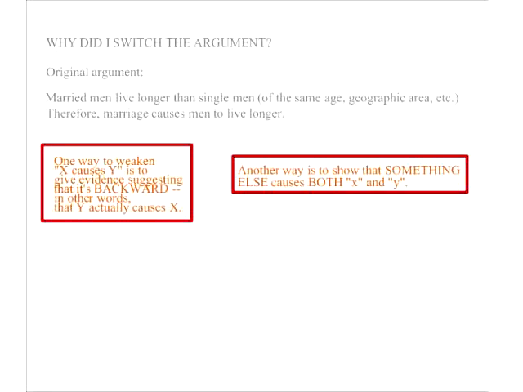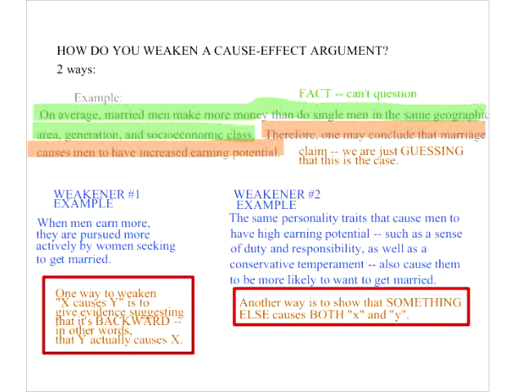So this would still work. Like this one on the right over here, you can still do this. In fact, you can do it with the same argument about personality traits.